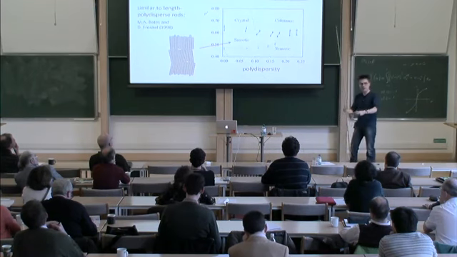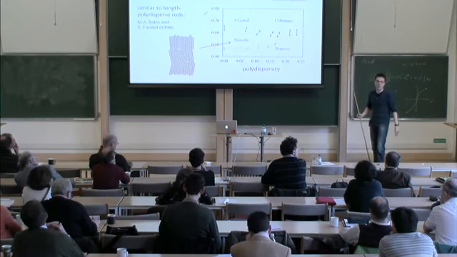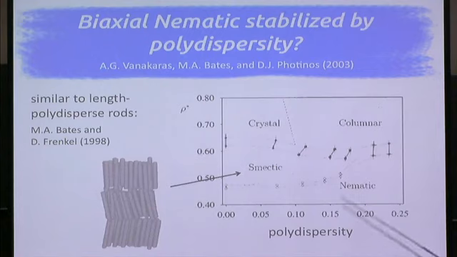When you increase the polydispersity, therefore the difference in length between the rods, you reach a point in which the smectic phase disappears. And something that Professor Frenkel didn't underline, but it's very important in this talk, is that as a consequence, the stability of the nematic phase increases very much. So what if this happens also in board-like particle systems? But the point is, is it just this? Is this enough to explain such a big biaxial nematic stability?